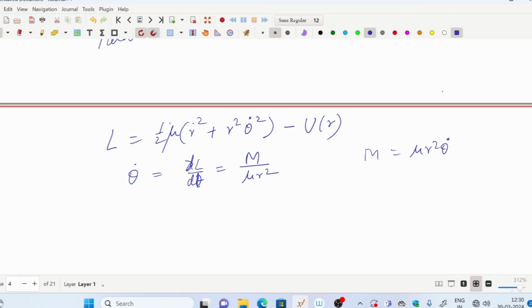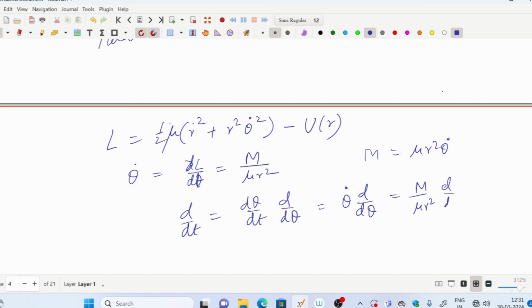From here I can write d dt as d theta dt times d d theta. So if I have a time derivative, I can convert it into a theta derivative. So it is theta dot d d theta, and theta dot is nothing but M by mu r square.